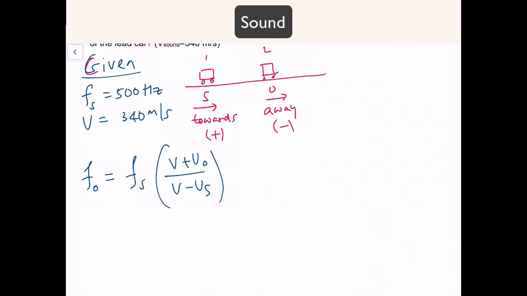Both are 25 meters per second. So F0 equals Fs, which is 500 hertz, times V, which is 340. The observer is moving away, so as a result it's going to be minus 25.